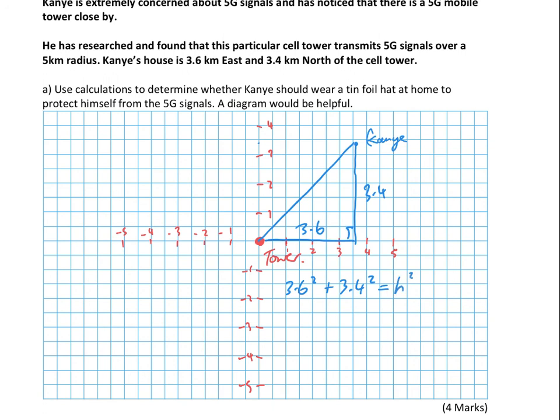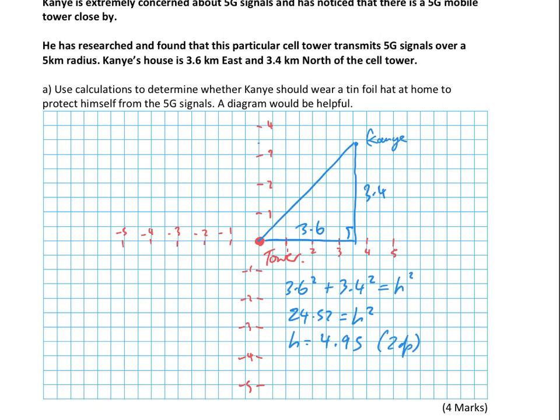What is 3.6 squared plus 3.4 squared? 24.52 is equal to h squared. h is going to be the square root of 24.52. 4.95 to 2 decimal points.